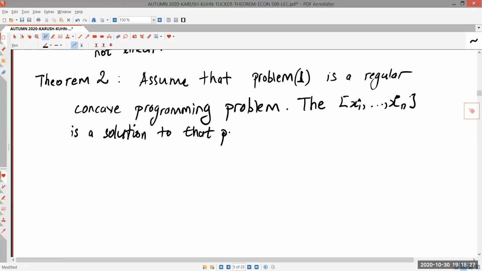The point that I find, which satisfies the first order conditions and regularity conditions, or lemma 1, then that problem would basically give me a maximum. Okay, it will provide me a maximum.